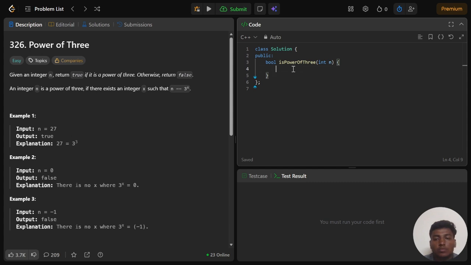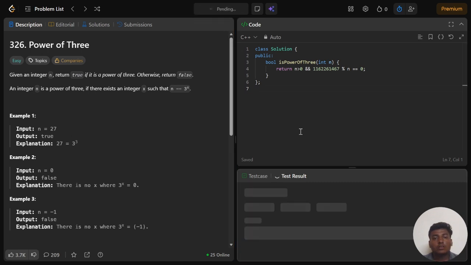In one line we will return both conditions: n is greater than 0, and the AND operator, 1162261467, which is the biggest number that fits, the 3 raised to 19, and the remainder with n equals 0. If both conditions apply, it will return true, and if the condition is not satisfied, then it will return false. Hope you understand the code I have written here.